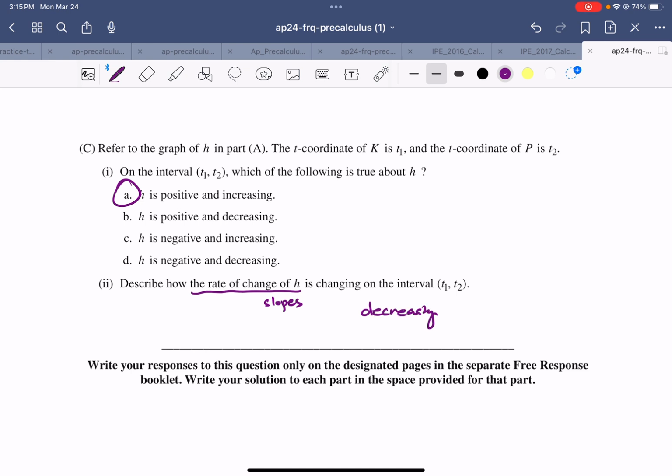So you can say decreasing on T1 comma T2 because the graph of H is concave down, right?